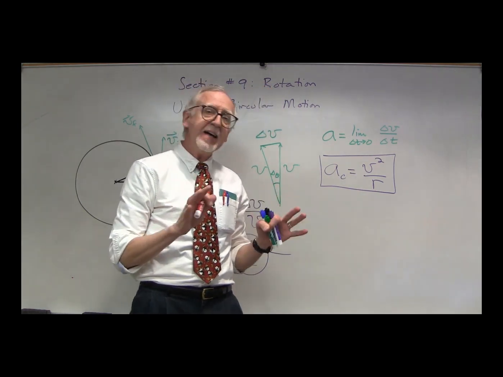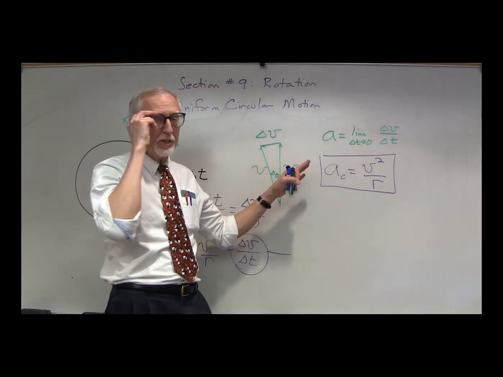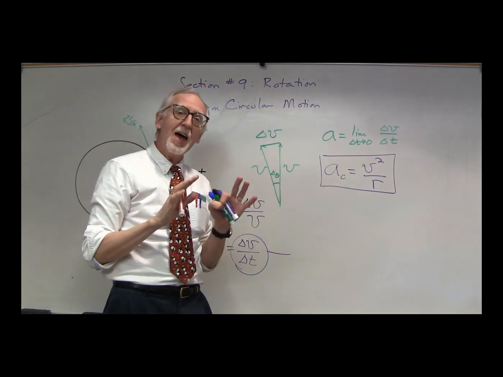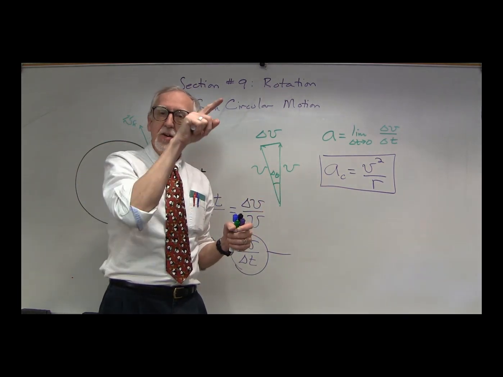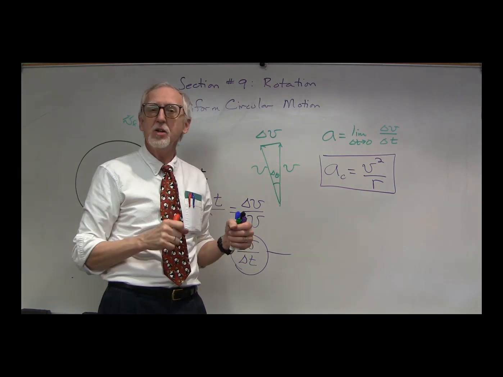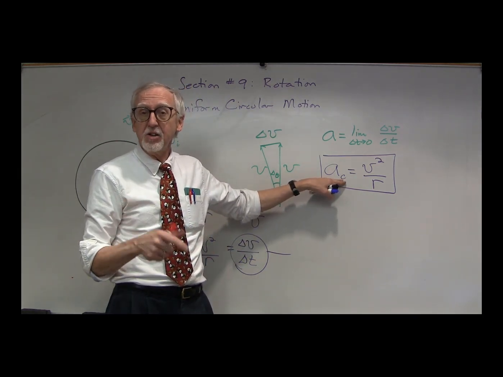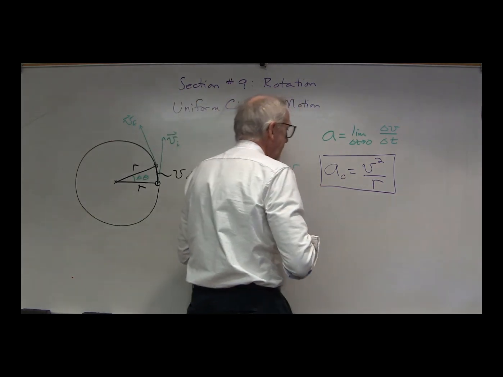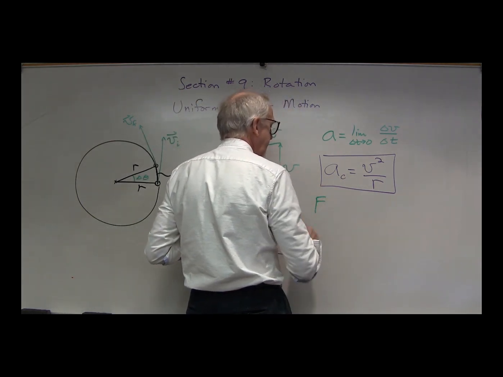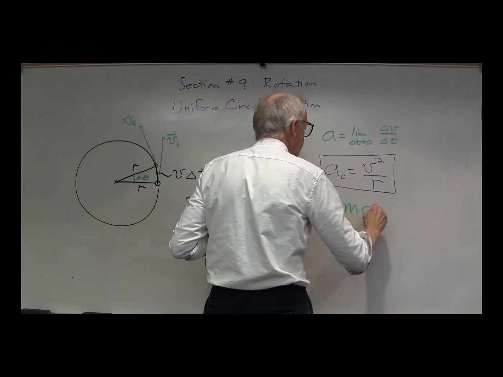Excellent. If the only force acting on the object is the centripetal force, like the tension in the string, then this will be exactly the acceleration of the object, and we'll have that the net force acting on the object is m times a.